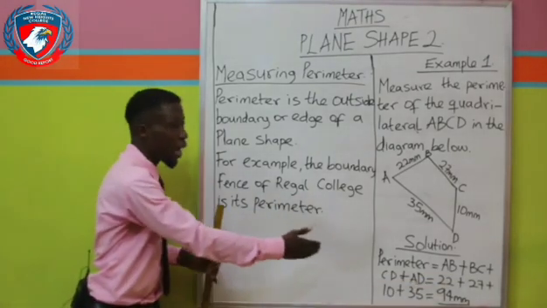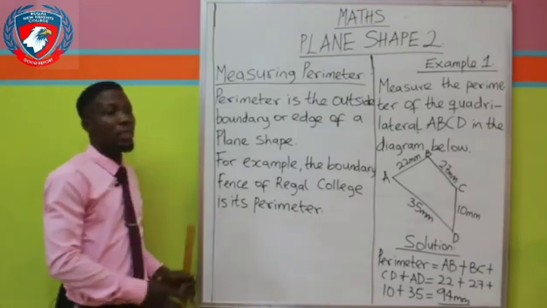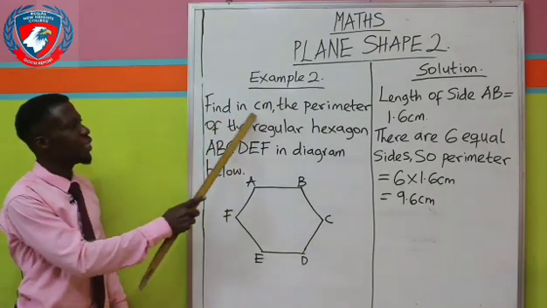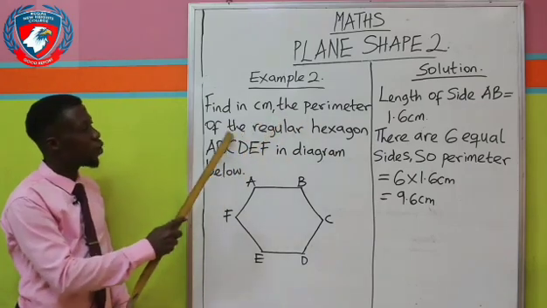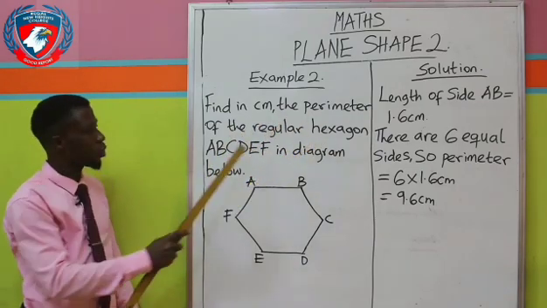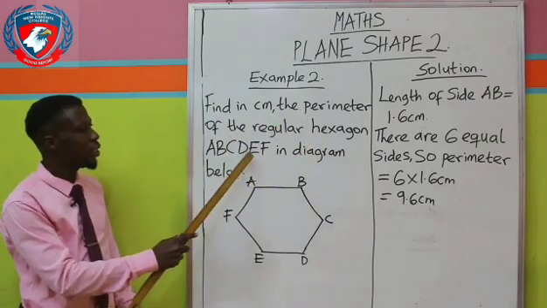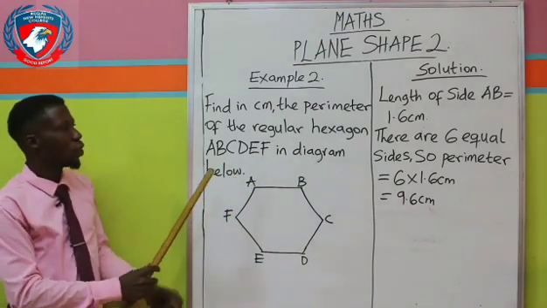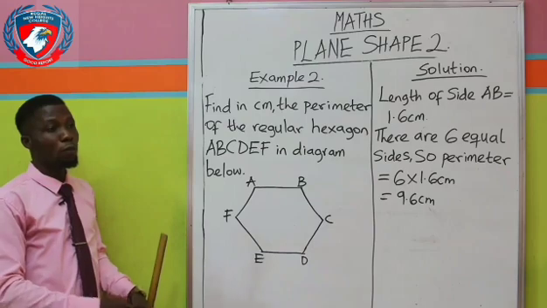We can convert our units, can be in centimeters, can be in meters. Example 2. Find in centimeters the perimeter of the regular hexagon ABCDEF in the diagram below. We have different types of polygons.